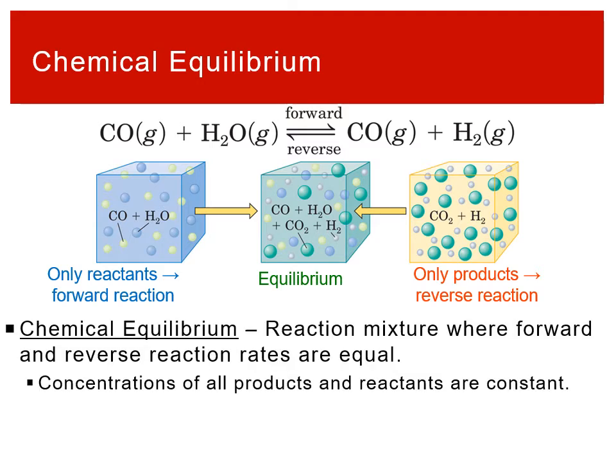Chemical equilibrium is defined a couple different ways, but what it means is that in a reaction mixture the forward and reverse rates are equal, which means that all of your concentrations are constant. It's important to note that all of your reactants and products are necessarily present.